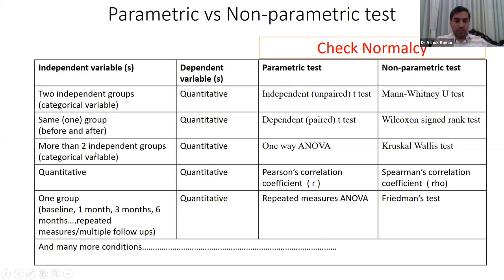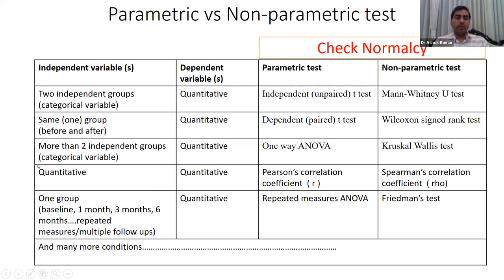And if there are more than two independent groups, for example control group, treatment A group, treatment B group, or 4 groups, 5 groups, sometimes we encounter these, and the dependent variable is quantitative and normally distributed, use one way ANOVA. If it is not normally distributed, Kruskal-Wallis.